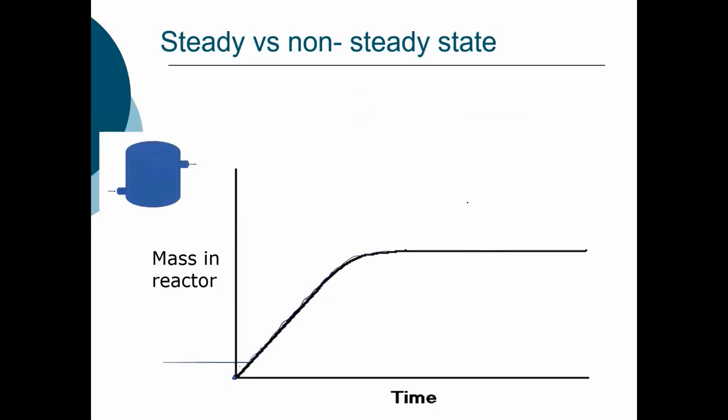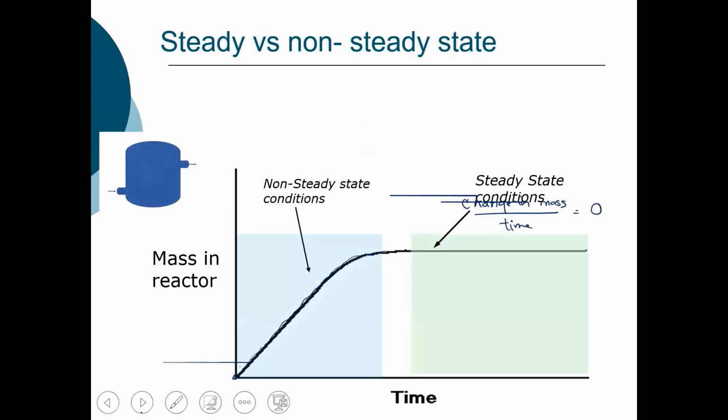So at this point here, the change in mass with respect to time is 0. What we have here is this period of time where the change in the mass in the reactor is increasing. We have non-steady state conditions.